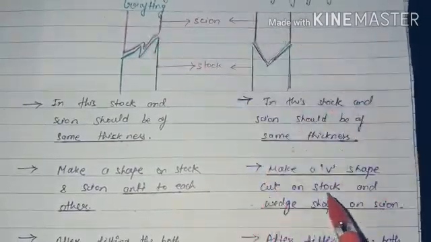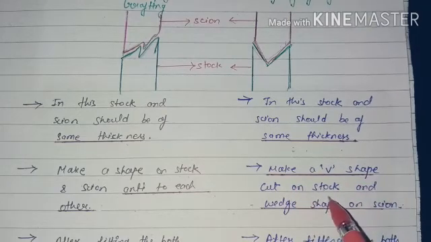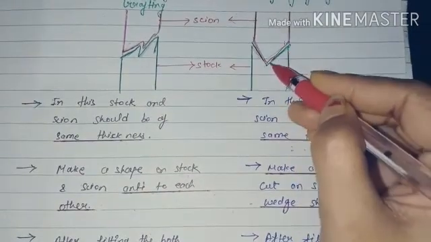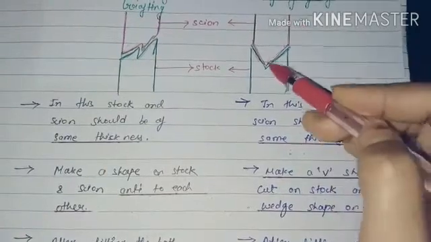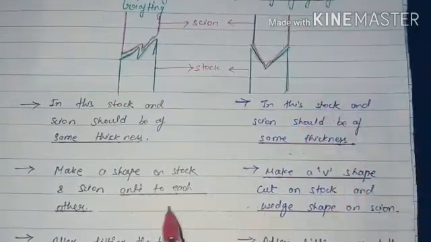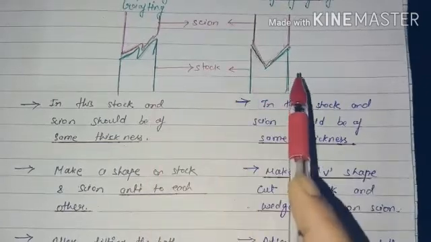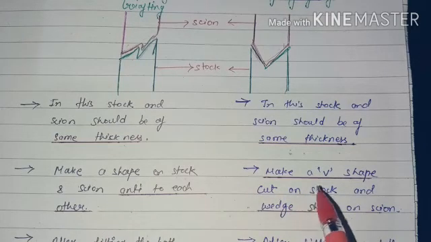But here is the difference. In wedge grafting, make a V-shaped cut on the stalk and a wedge-shaped cut on the scion. This is the only difference between whip and tongue grafting and wedge grafting. In whip and tongue grafting the matching cut should be on stalk and scion, while here the stalk should be V-shaped and the scion wedge-shaped.